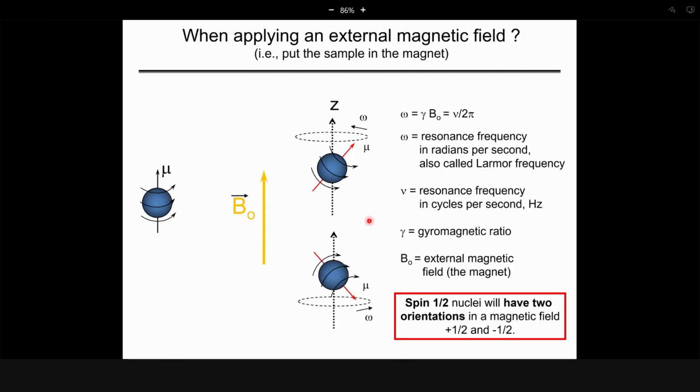If we want to have the resonance, which is called nuclear magnetic resonance, we need to apply a second external magnetic field, called B1.